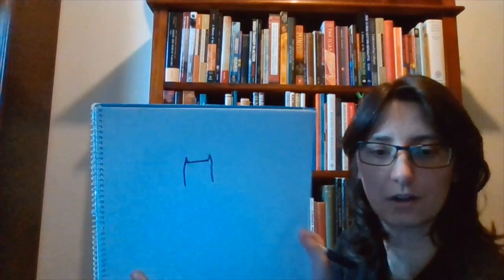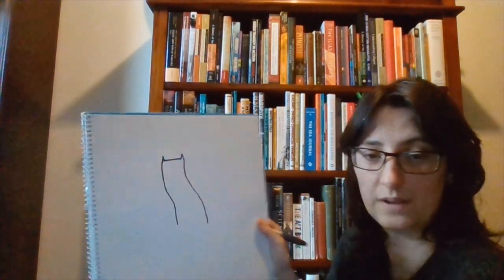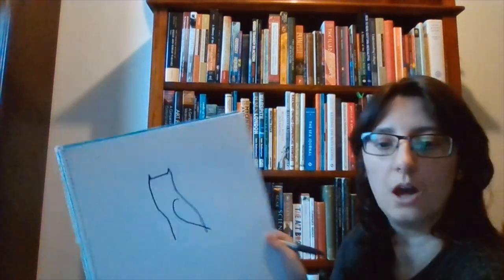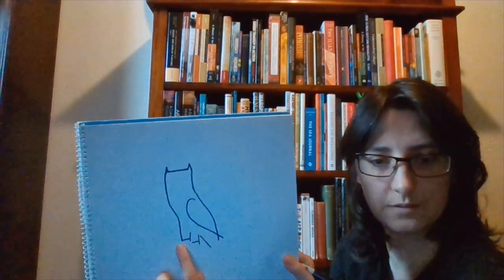So, nice square head. We then have his body coming like that, just two wavy lines. A wing, nice and curved. Do some little detail to give him little legs.